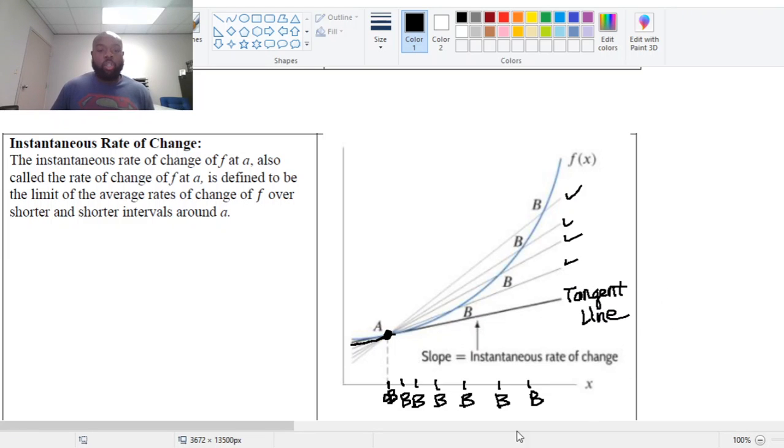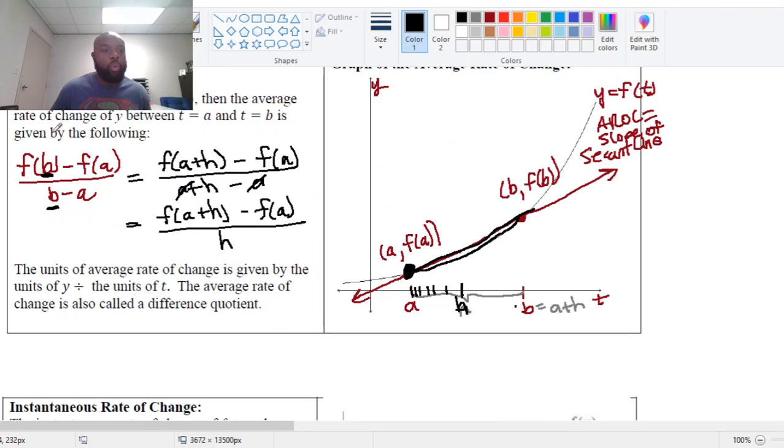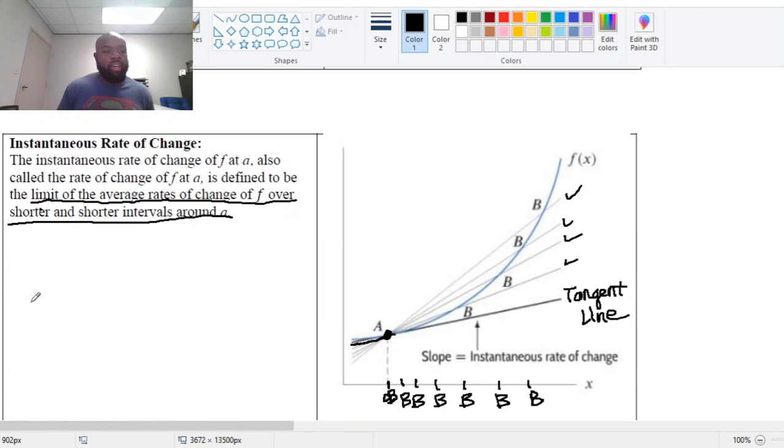Okay? And so this limit of your average rates of change over shorter and shorter intervals around A, if I go back up to this difference quotient, this different way that I wrote my average rate of change, then in math notation, this is going to be the limit of f of a plus h minus f of a, all over h.